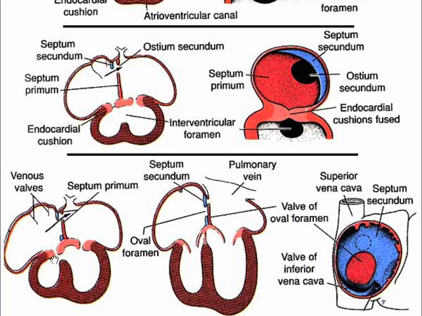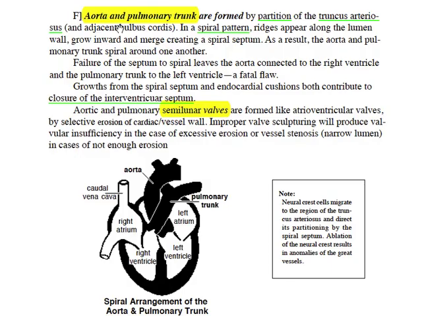Notice also in these two views that the interventricular opening is closed by a membranous septum that goes between the endocardial cushion area and the muscular septum that's developed by excavation. The aorta and pulmonary trunk are formed by a partitioning of the truncus arteriosus.